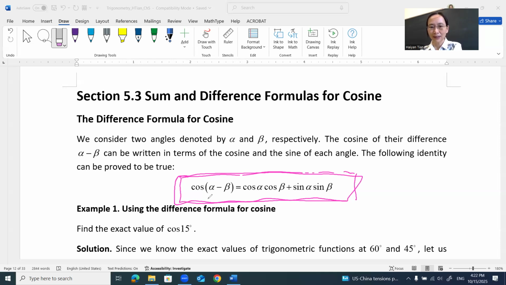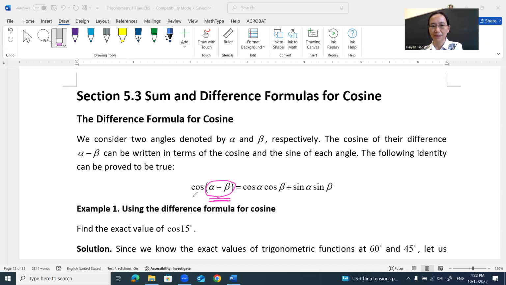And this is an identity involving two angles, alpha and beta. So cosine of a difference, alpha minus beta, right? Here is the difference formula for cosine.